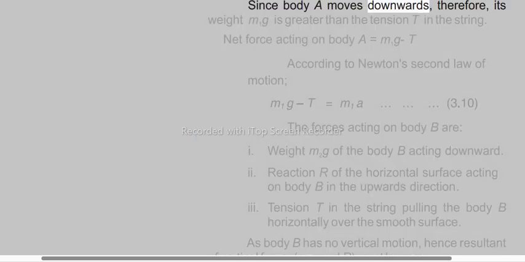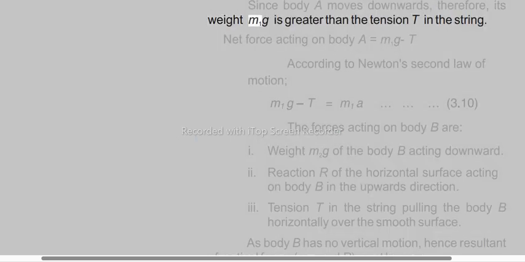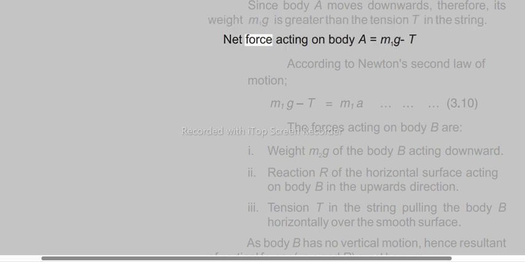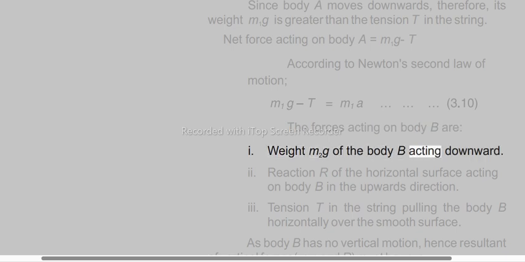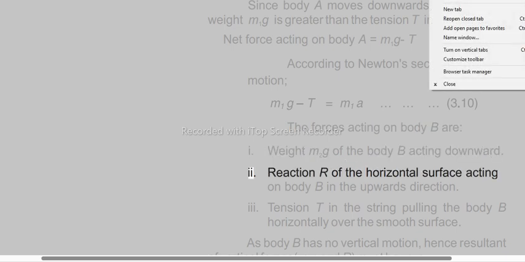Since body A moves downwards, its weight m1g is greater than the tension T in the string. The net force acting on body A equals m1g minus T, according to Newton's second law of motion. The forces acting on body B are: 1. Weight m2g of the body B acting downward. 2.